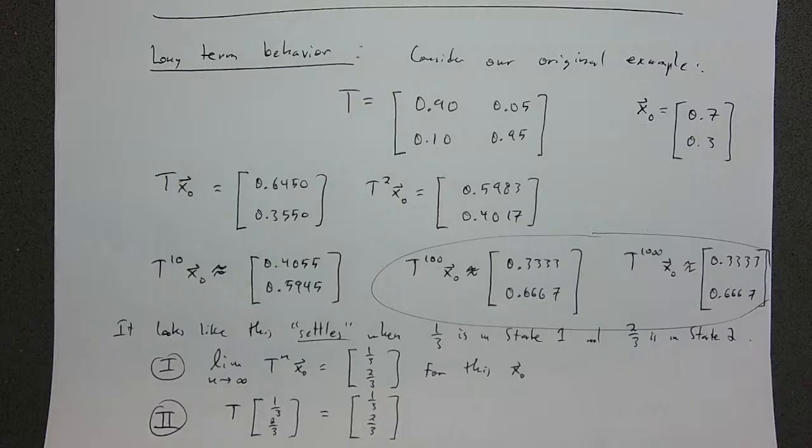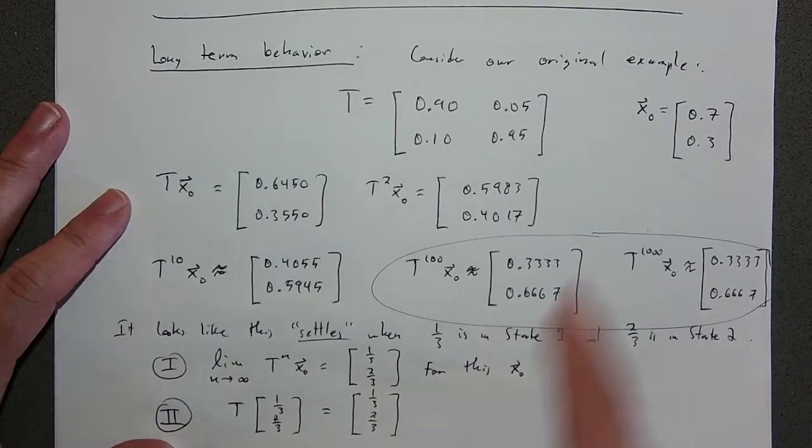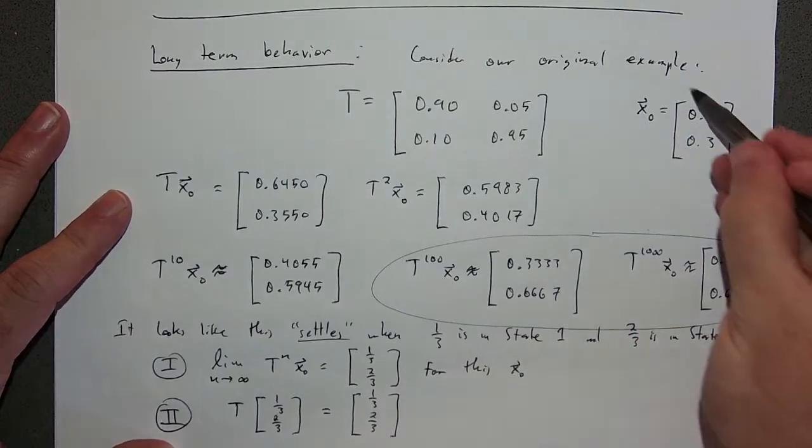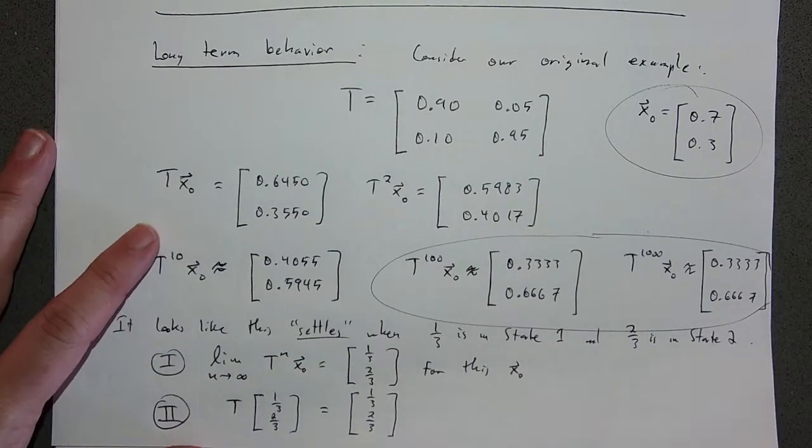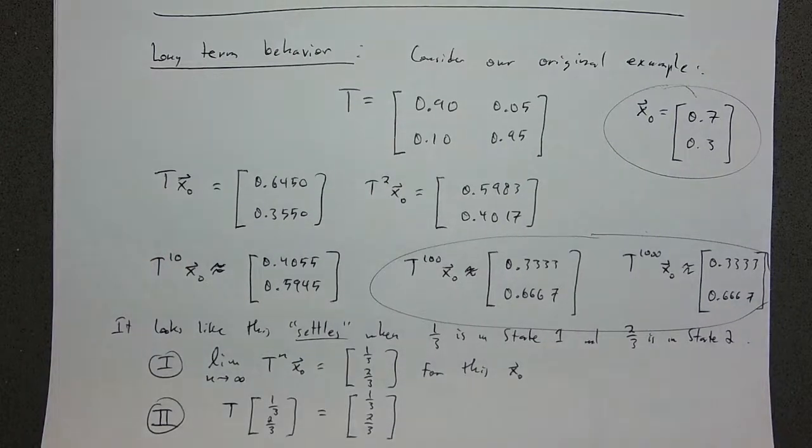So you can think about that for a second. That's the case because the x naught we chose is this thing, and we found through experimental data that it appears the limit of this process is the vector 1/3, 2/3. So if we begin with that vector, you can just test it out. You can multiply T by this vector and see that, yes, it does in fact fix this thing.